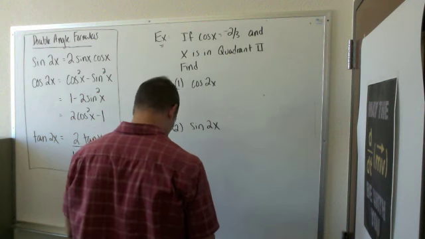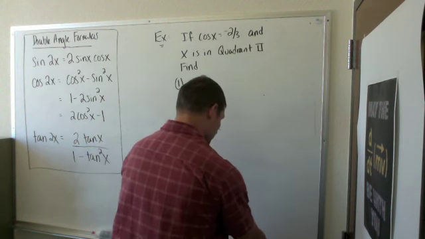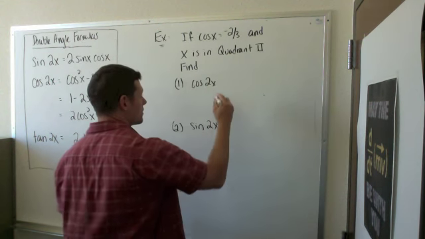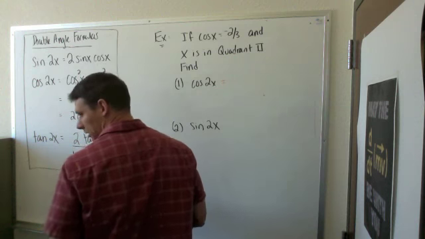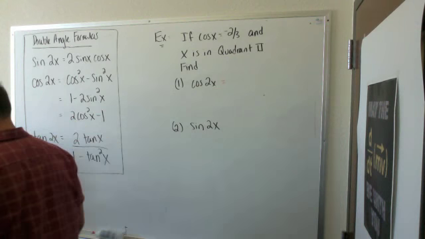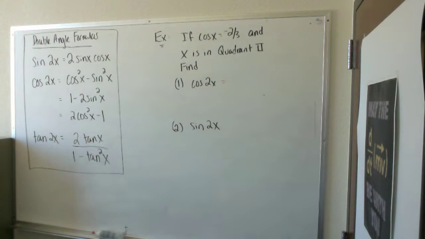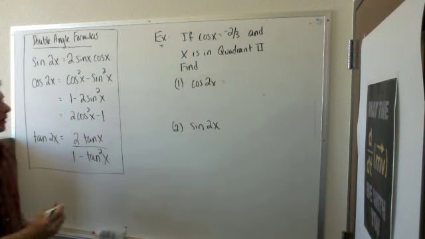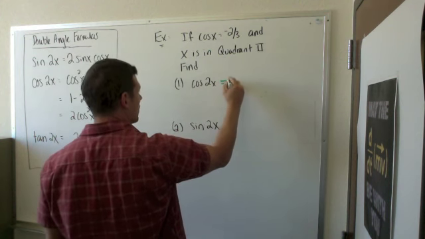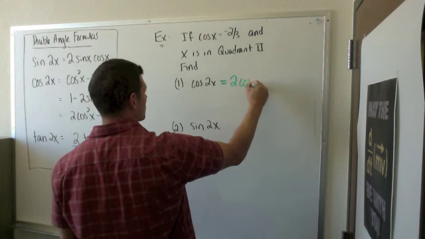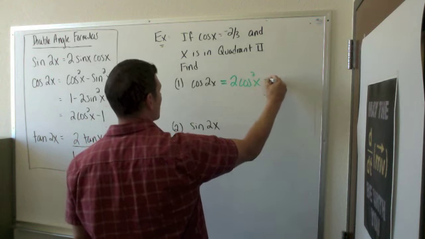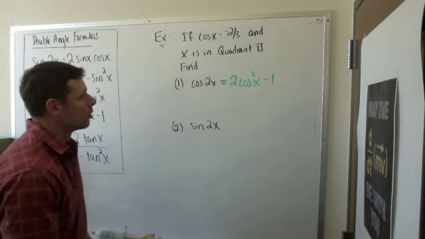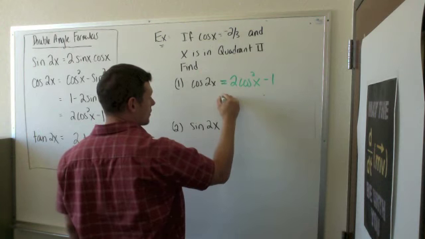I'm going to use a different colored pen here. Here we go. This will equal 2 cosine squared x minus 1. We know cosine x equals negative 2/3.